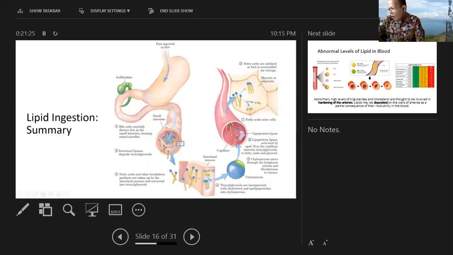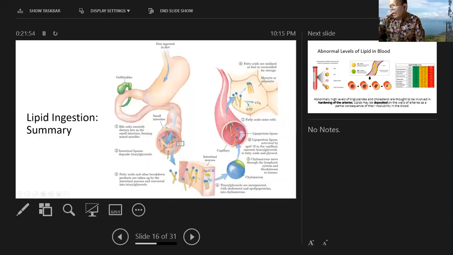And the next one is chylomicrons move through the lymphatic system and bloodstream to the tissues. And the next one, lipoprotein lipase activated by ApoC-II in the capillary converts triacylglycerol to fatty acids and glycerol. And then these fatty acids enter the cell.